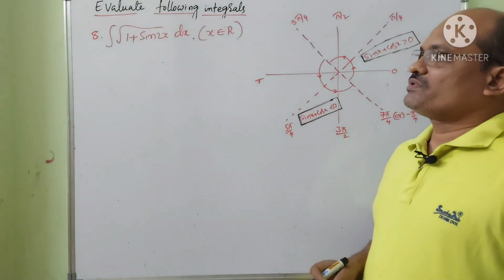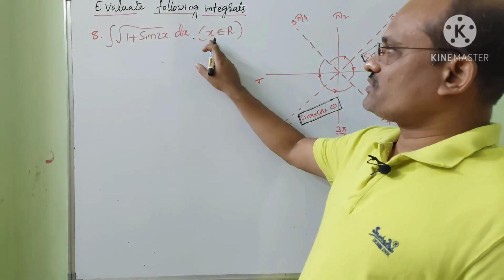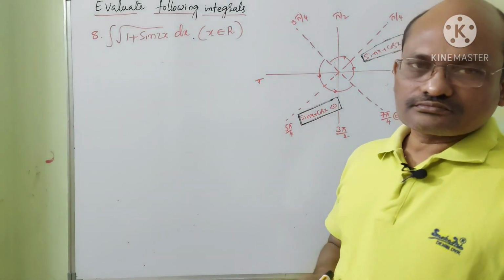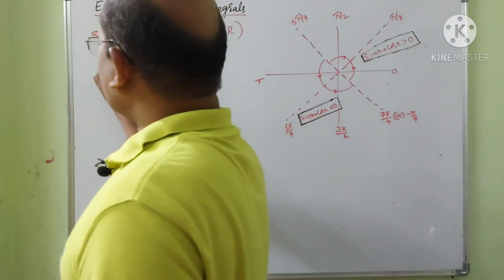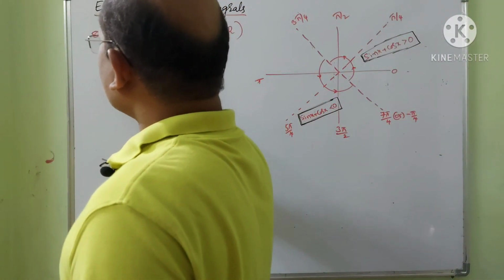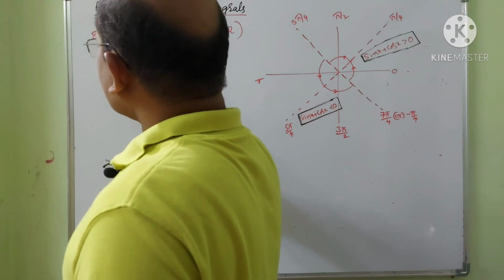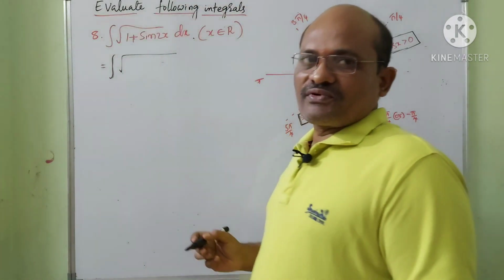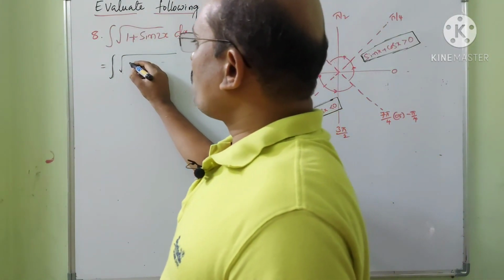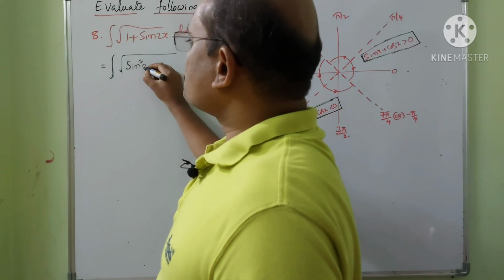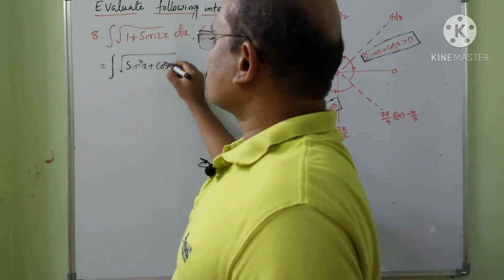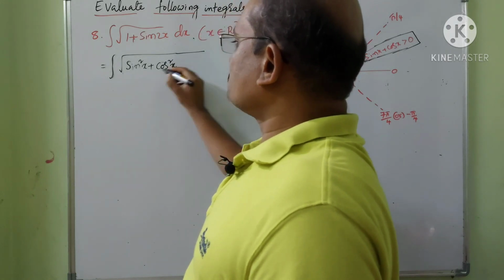Integral of root 1 plus sin 2x dx for all x belongs to R. Students, first of all we have to write the trigonometric function like this. 1 means identity, sin square x plus cos square x.